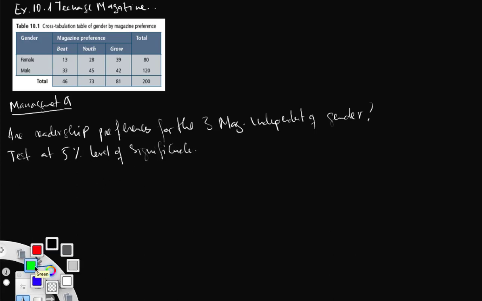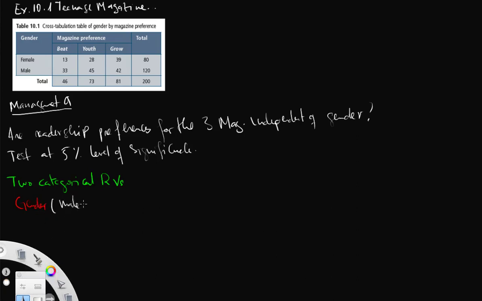What are our variables here? We have two categorical random variables. The first one being gender, that I'm going to put here, male and female. And we have the second variable, which is magazine.